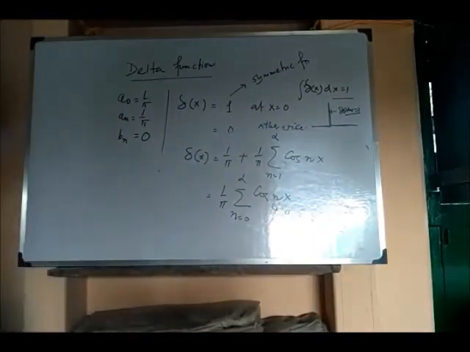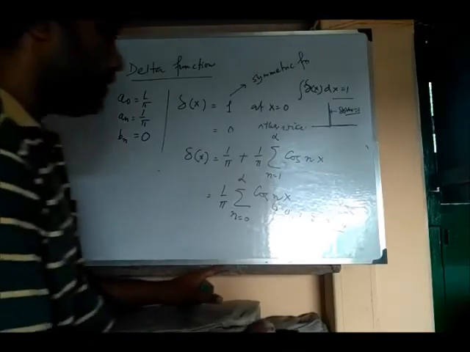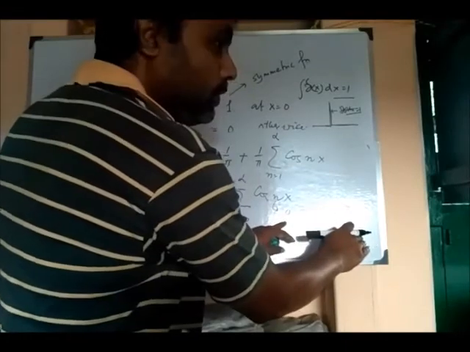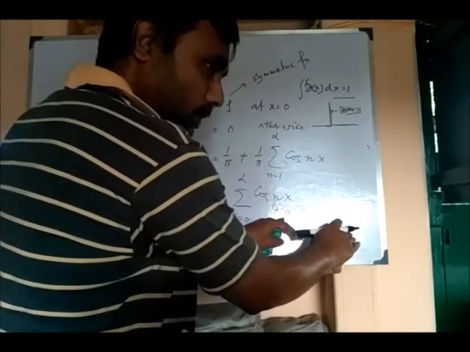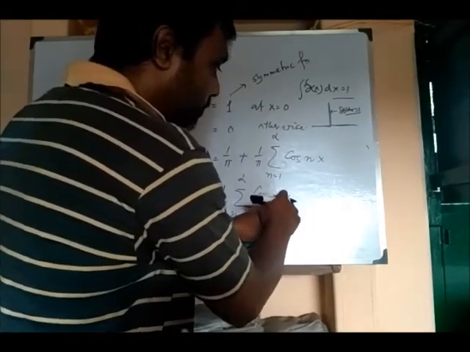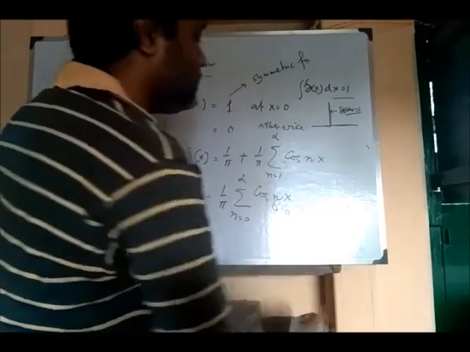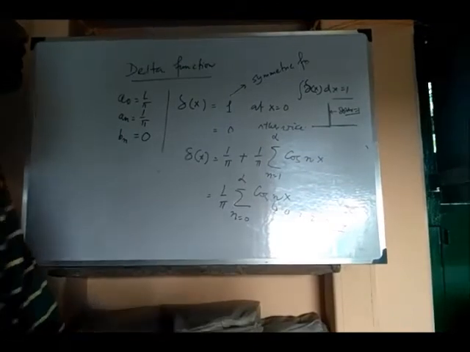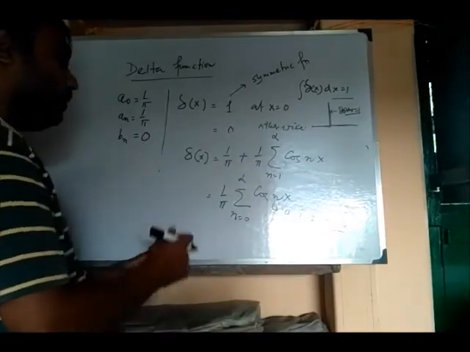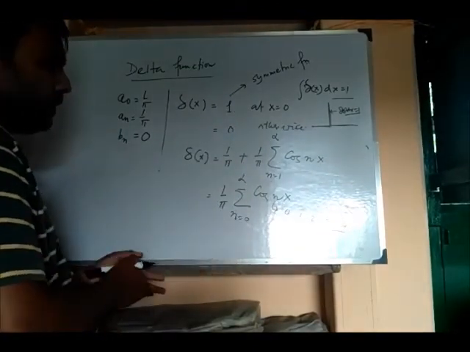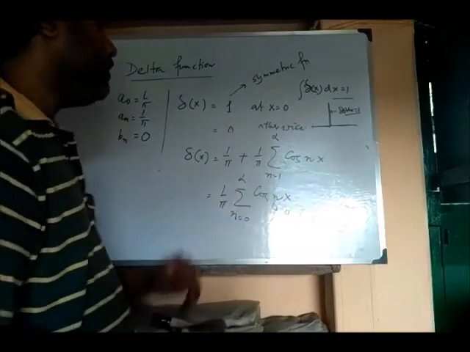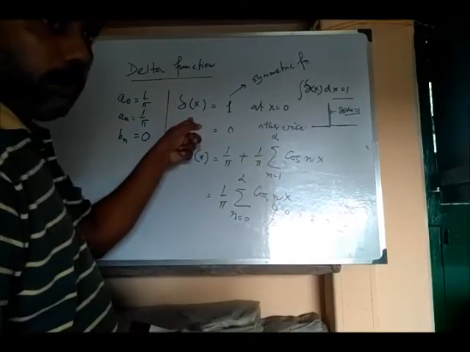So you generate a delta function when you add all types of cosine functions with these frequencies. If you add all the cosine frequencies from 0 to infinity, you will ultimately generate a delta function.